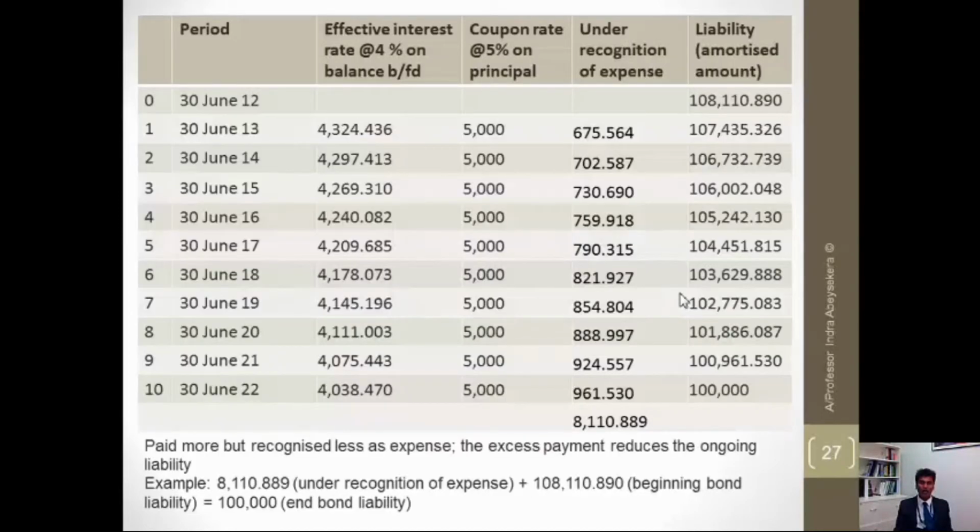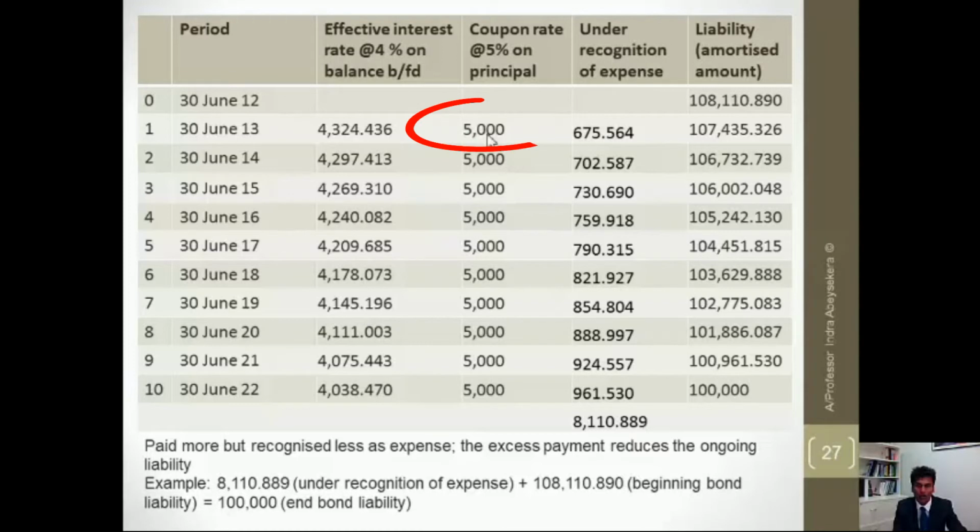And we prepare this table here. Our beginning liability is 108,110.89. Based on that value and the market interest rate, the interest expense becomes 4,324.439. The cash payment of interest is based on the settlement value. 100,000 at 5% is 5,000.